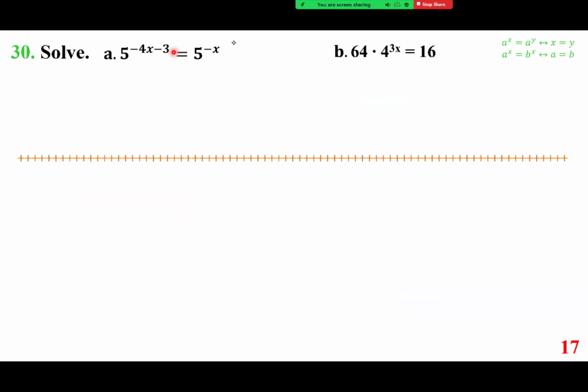And therefore, minus 4x minus 3 must be equal to minus x. So you move the negative 4x, you add it to the other side, 3x divided by 3, and you get negative 1.